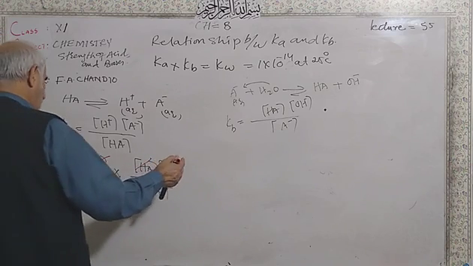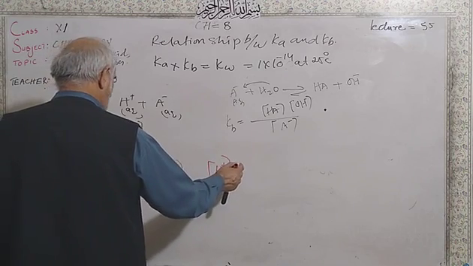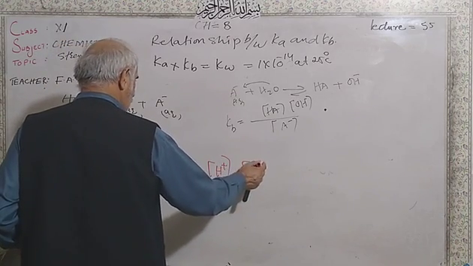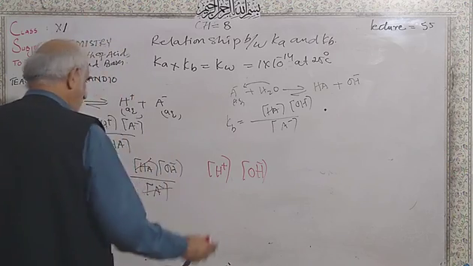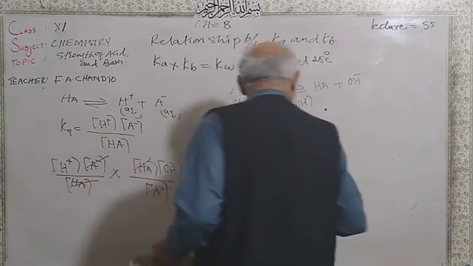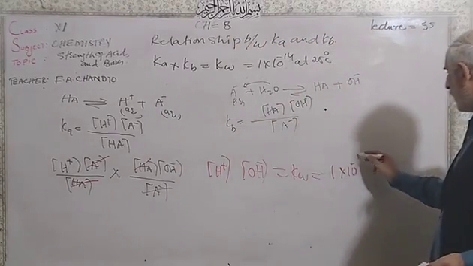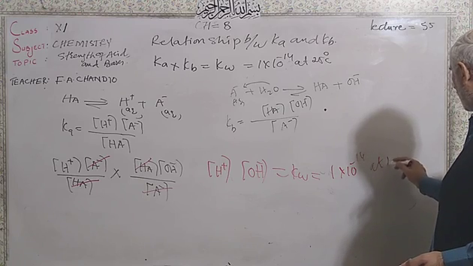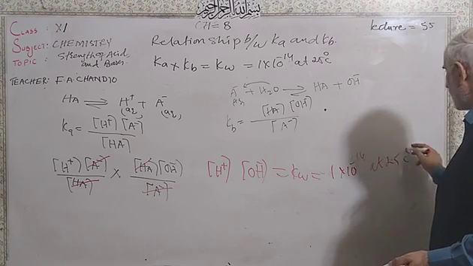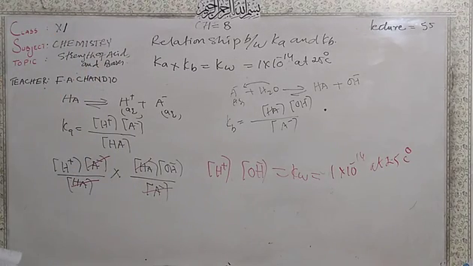So you will get the concentration of hydrogen ions times the concentration of OH ions equal to Kw, and Kw is always equal to 1 into 10 to the power minus 14 at 25 degrees Celsius.